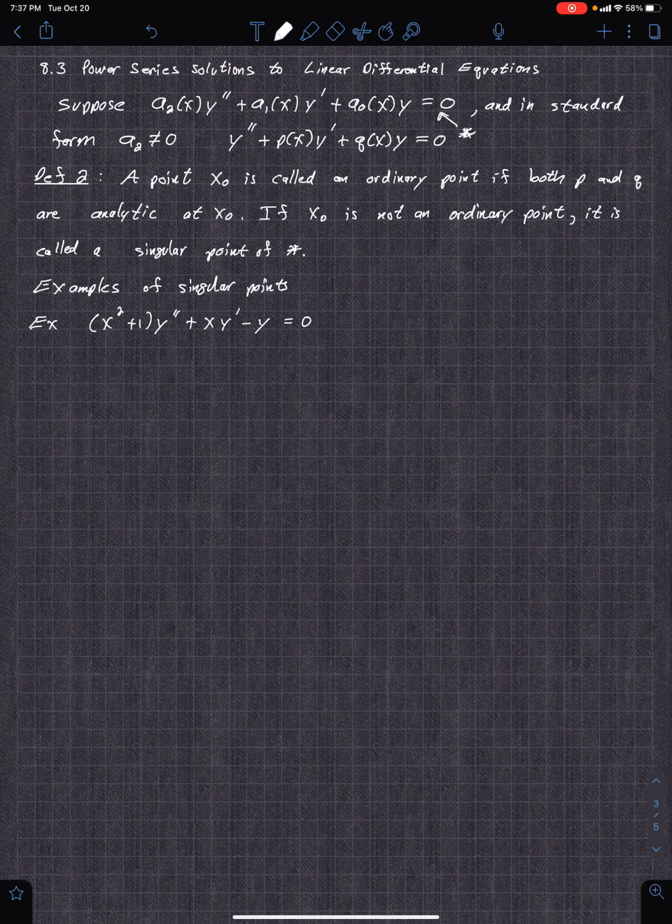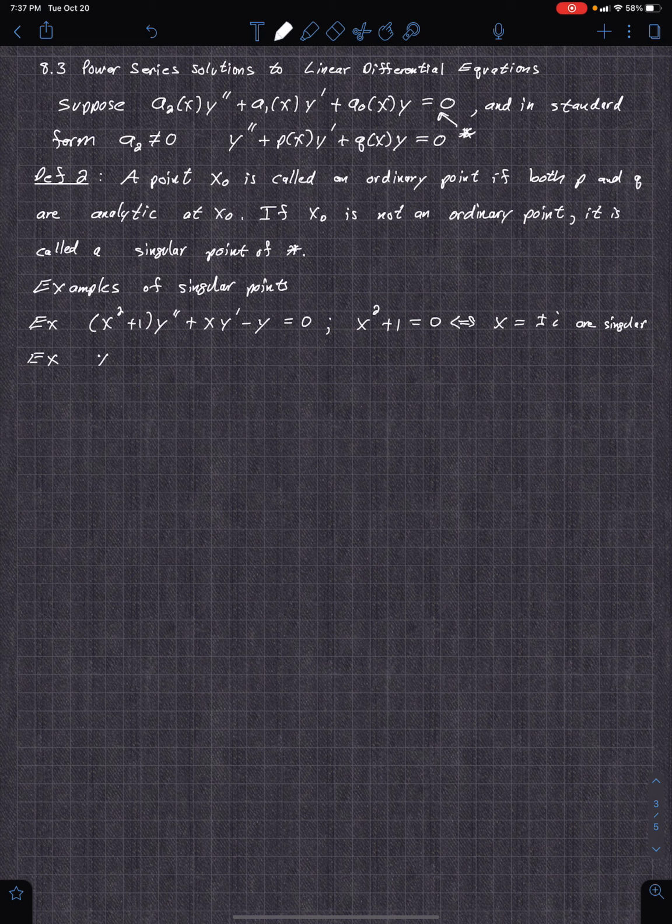When you divide out by the x squared plus 1, that can't be 0. So you're looking at x squared plus 1 equal to 0, and that's only 0 for the imaginary numbers plus or minus i. So plus or minus i are singular.